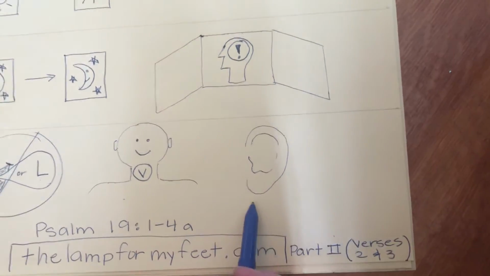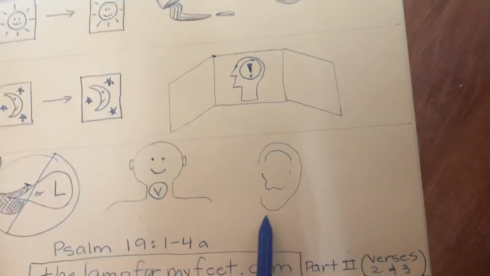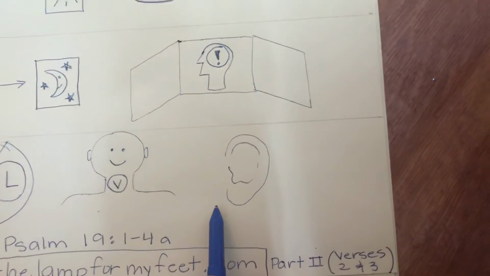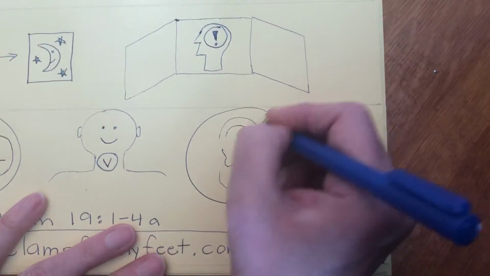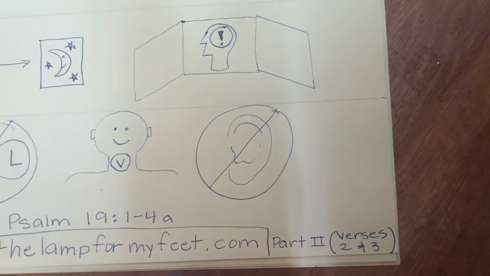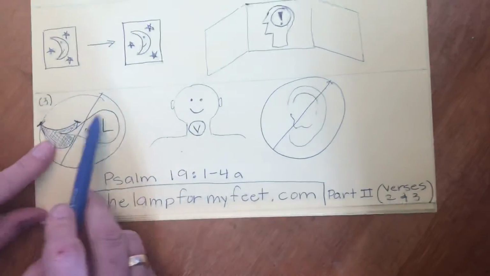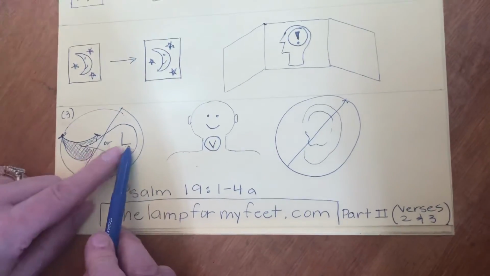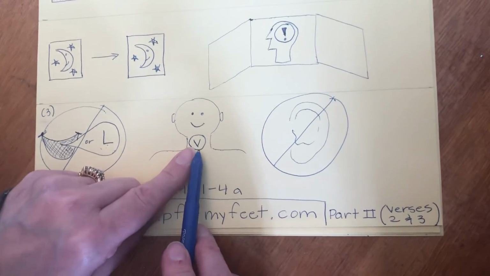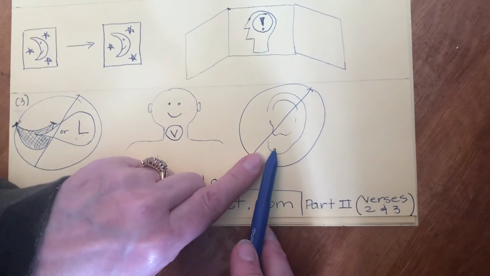I think we can probably remember that's an ear. But it says where their voice is not heard. There is no speech or language where their voice is not heard.